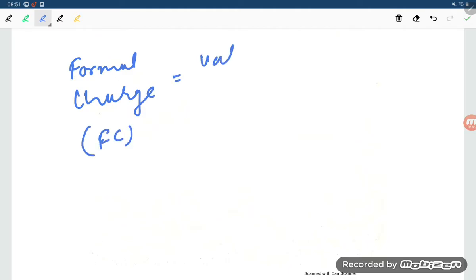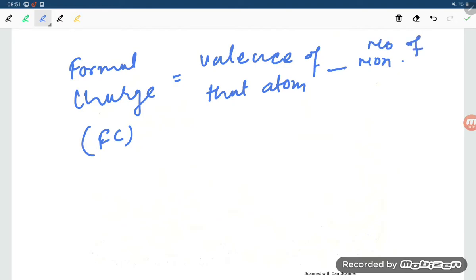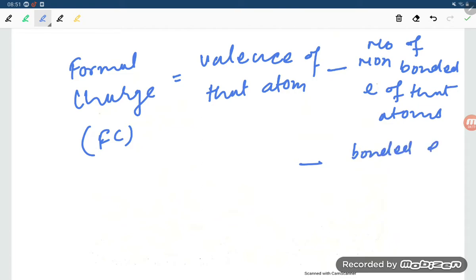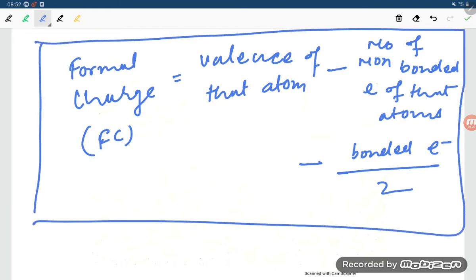Formal charge is equal to the valence electrons of that atom, that atom means the one for which you are going to calculate, minus the number of non-bonded electrons of that atom, and finally minus bonded electrons by 2. This is the whole formula of the formal charge.